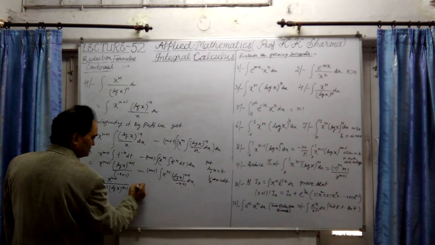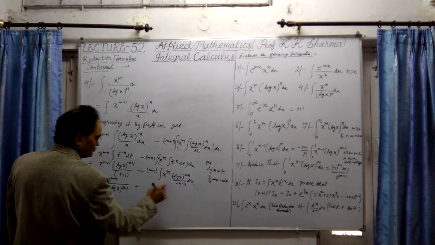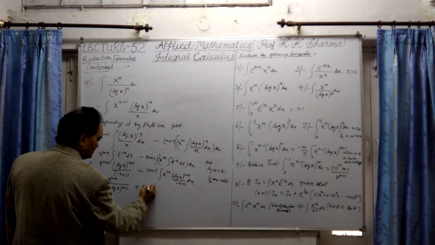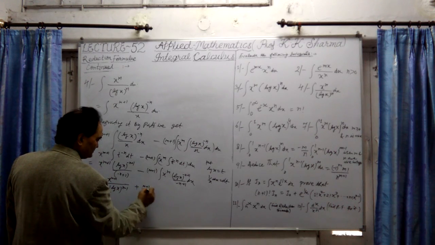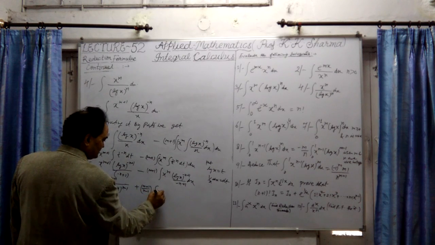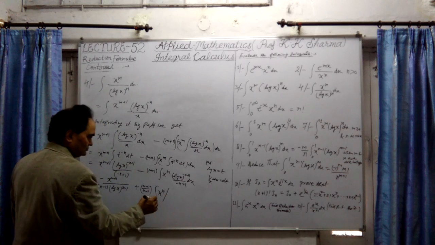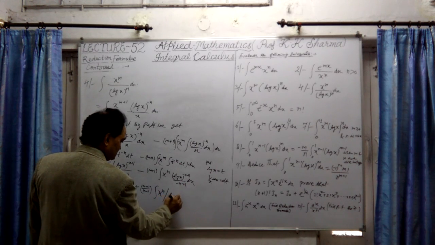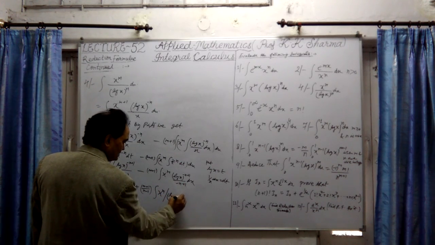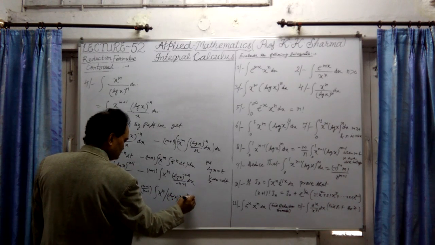The minus sign will be plus sign. Taking minus sign common, it is n plus 1 upon n minus 1, then the integration of x^n upon (log x) whole power n minus 1 into dx.